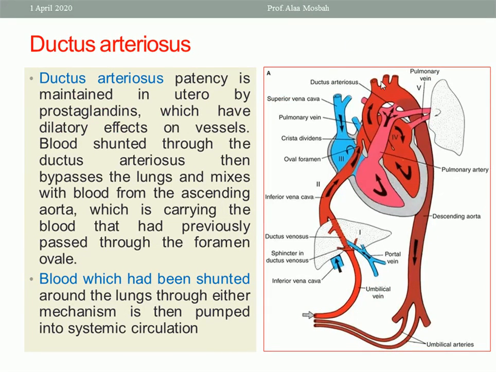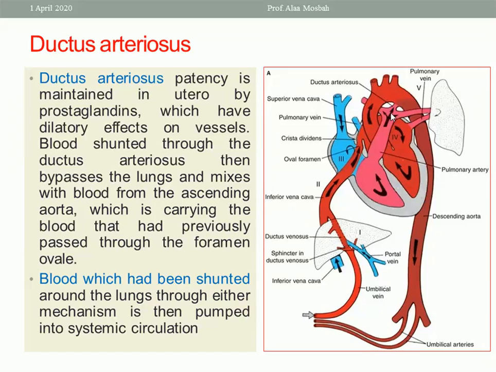What about the ductus arteriosus? This is the ductus arteriosus as you see it in the picture. It is maintained in utero by prostaglandin, which has a dilatory effect on the vessel. That's why we advise any pregnant lady not to take non-steroidal anti-inflammatory drugs in the last 2 months. Why?